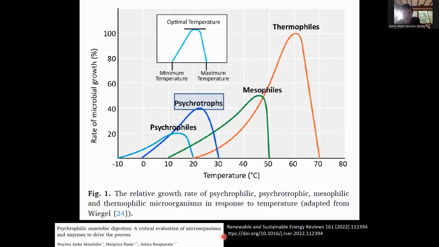Just 1 year ago, this paper was published where they say that the important thing is not to talk about mesophilic microorganisms or psychrophilic microorganisms. We have to talk about the fact that in this range, around 20 degrees, a lot of these microorganisms can still work at low temperatures. And also all these microorganisms that came from cold climate regions can work also at these middle temperatures.